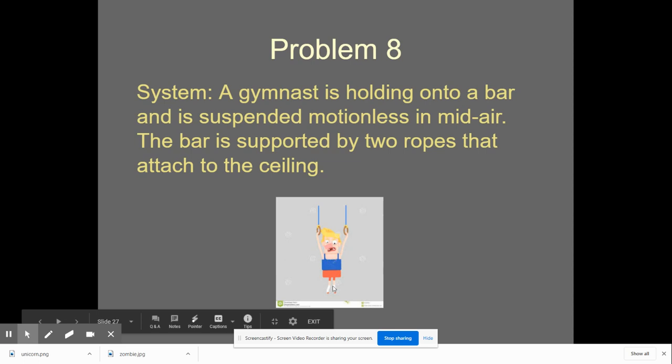So that helps me. And what I would do is draw a gravity vector down. And then probably I would draw a force arrow up, and a force arrow up. And since they're ropes, I think that's going to be tension forces. And what I would do is have this arrow and this arrow add up to equal the gravity arrow.